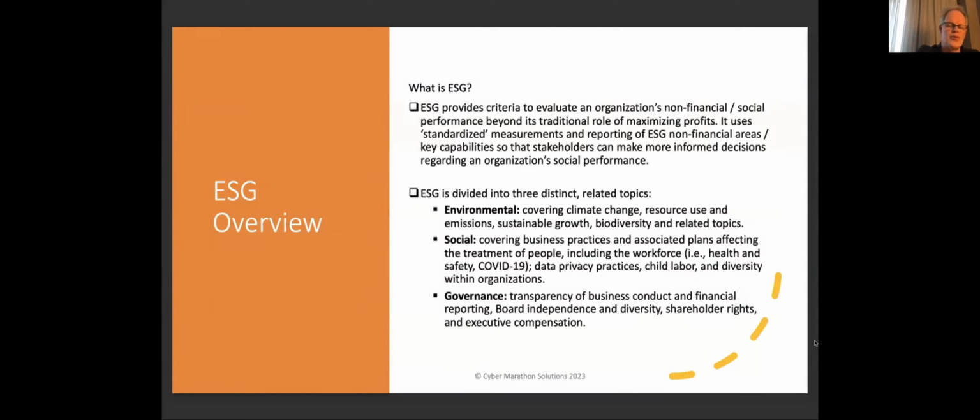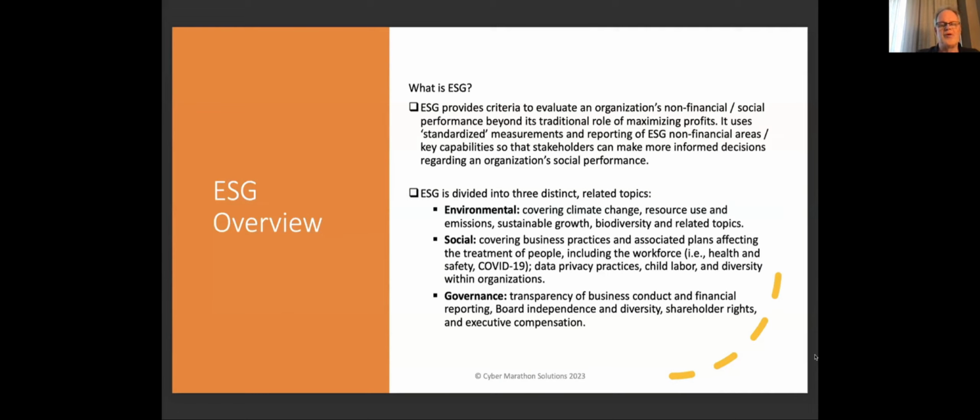And one important caveat here as we get into this topic is to realize that there are different organizations today who produce ESG scores. And each of those organizations who do that have their own inherent biases baked into it.